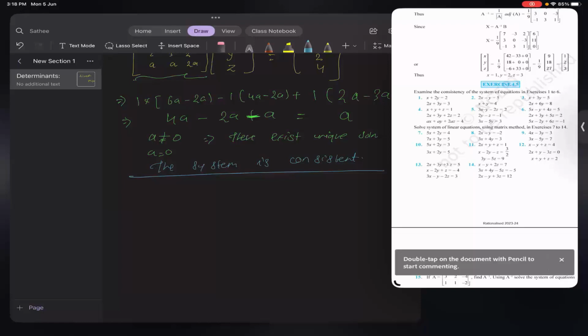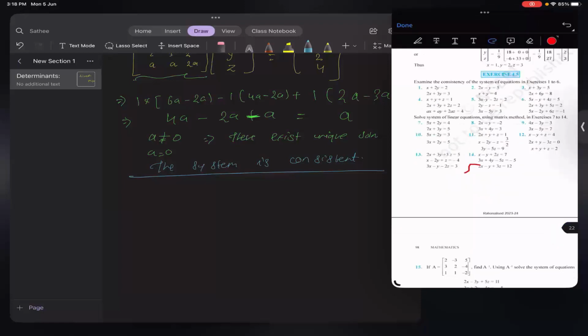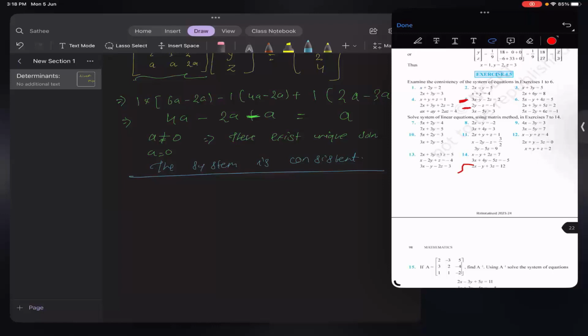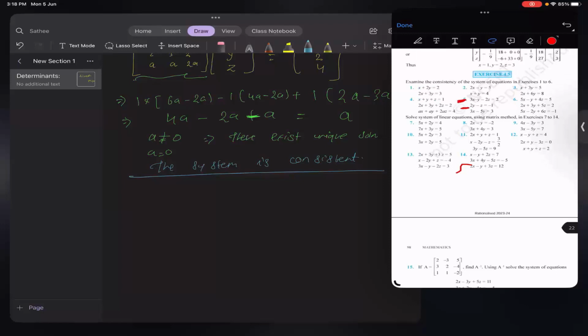In some cases the term of x is not present in an equation, so you can assume its coefficient to be 0. Likewise for a missing y term, you can simply consider those coefficients as 0.